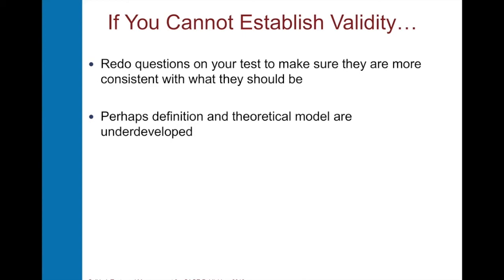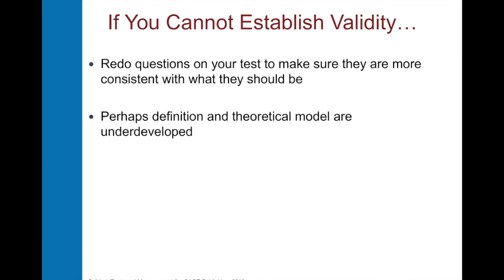So what do you do if you cannot establish validity? Well, if you're not getting the, say, content validity coefficients that you would need, then you might need to redo the questions on your test to make sure items truly are a random sample of the universal content that you're wanting to measure. If you're not getting the correlations that you need for criterion validity, then you might want to check to see if your criterion truly is an accurate and meaningful measure of what you're trying to assess, or you might need to redo the questions on your test, assuming your criterion is pretty good.